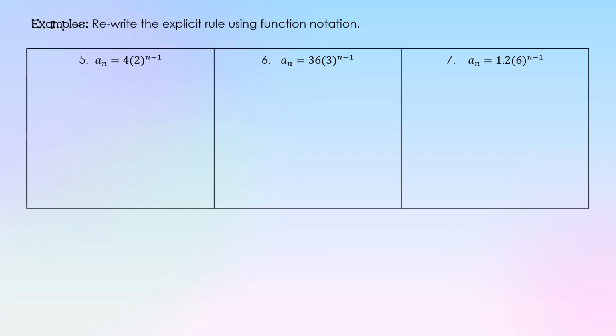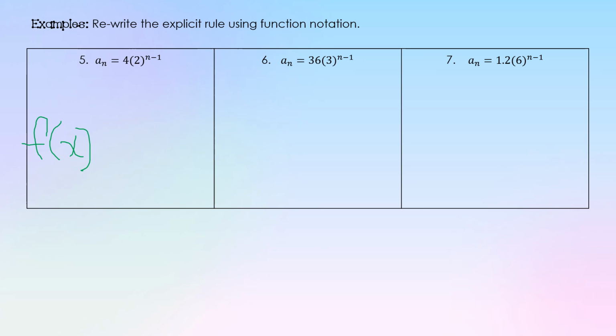So we're going to take these explicit rules and put them in function notation. So I'm just going to use f of x, but again, you could use whatever you want. So instead of writing it as a sequence, a sub n, I'm going to change it to f of x.